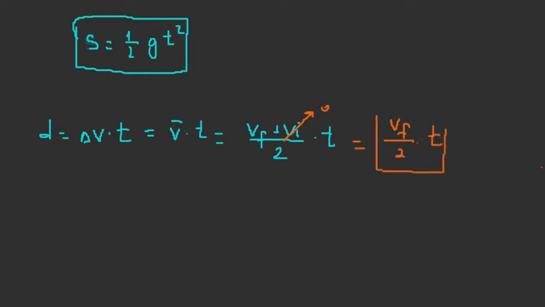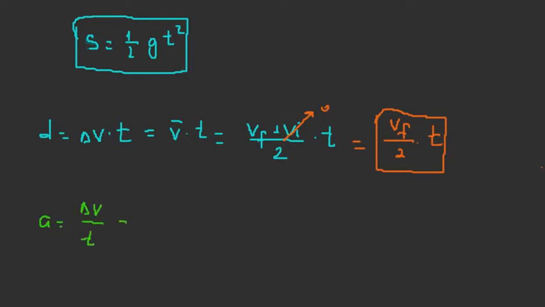If we are good with that, what we are going to do right now is the same, but for acceleration. The way that we define acceleration is the change in velocity over time.